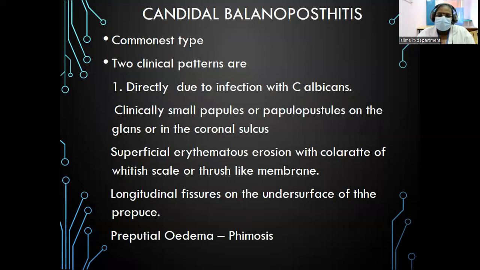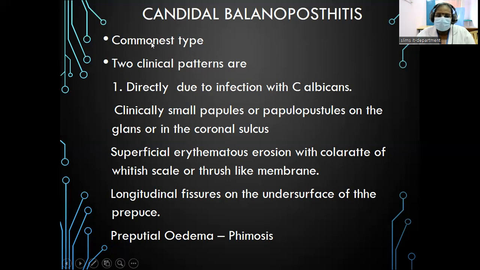Another clinical type is candidial balanoposthitis. Two clinical patterns are there. Balano means glans, posthitis means preputial sac, itis means inflammation. Inflammation of the glans penis and the preputial sac by Candida, we will be calling candidial balanoposthitis.